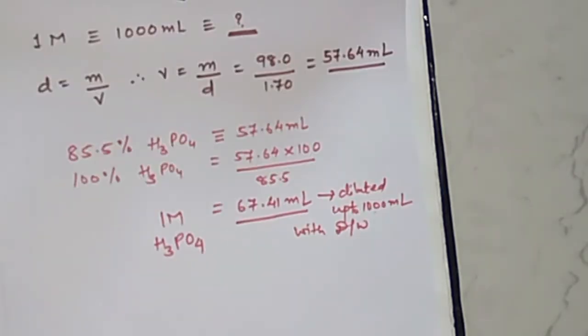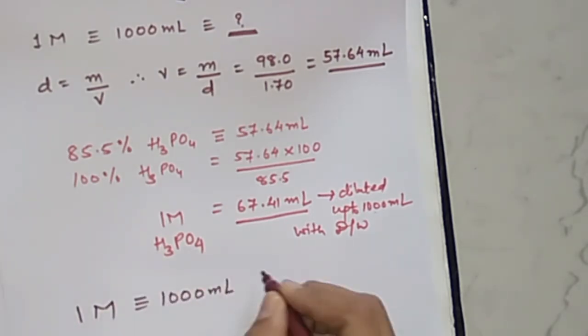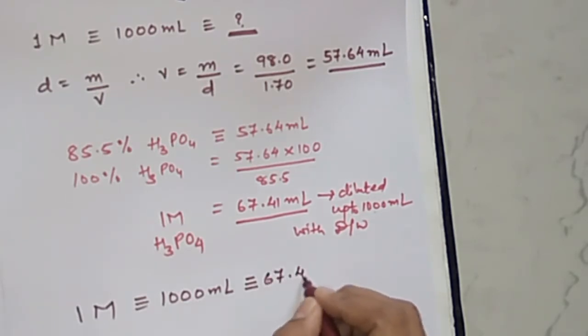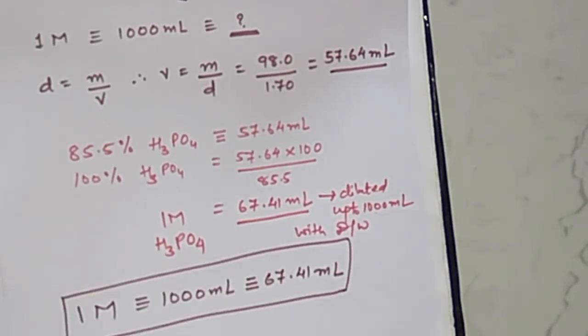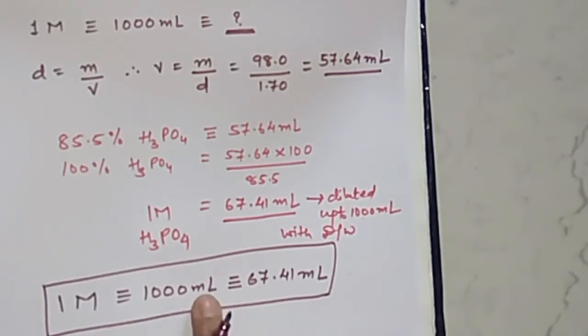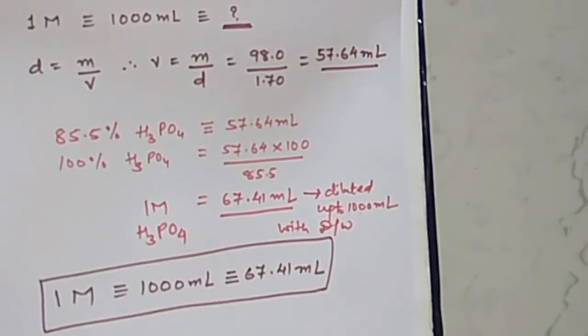So now we have the factor: 1 molar 1000 ml requires 67.41 ml. This is the factor. For calculating the molarity, for 1 molar 1000 ml, 67.41 ml of the acid is to be added, and in total we have to make 1 liter of the solution.